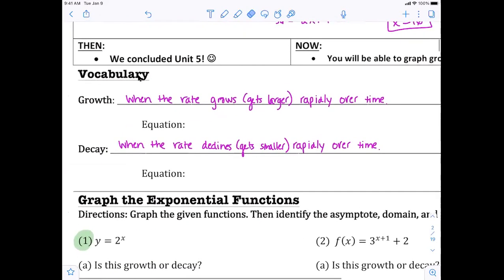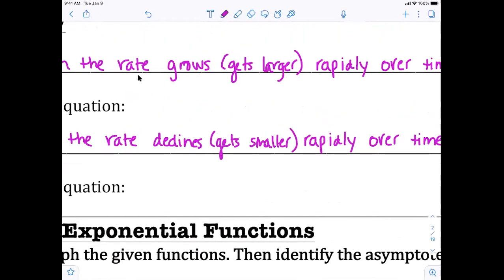So when it gets really large, really fast, that's what we just call exponential growth. And decay, obviously, is when you get really small, really fast. There are a lot of real life scenarios where these two cases come into play, but they both are based on kind of the same equation.